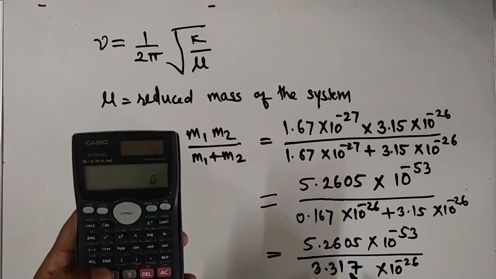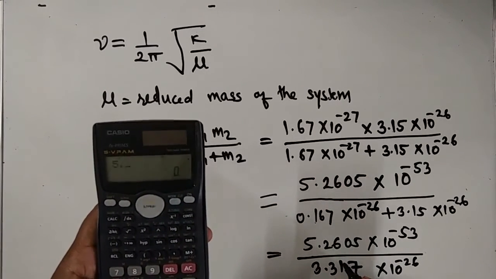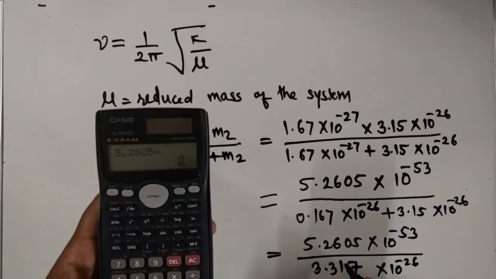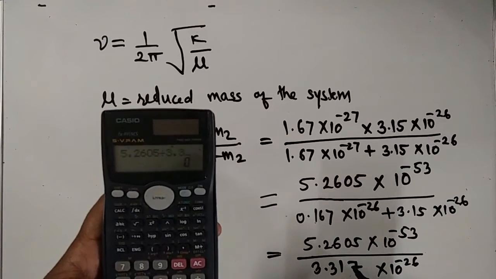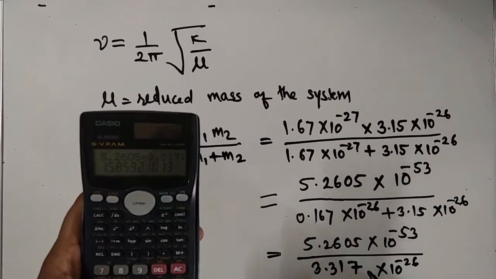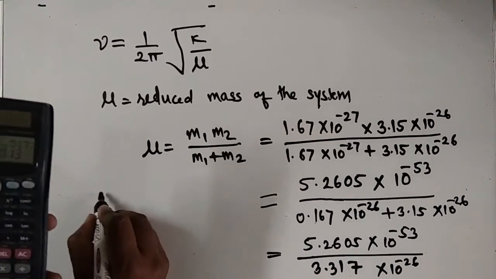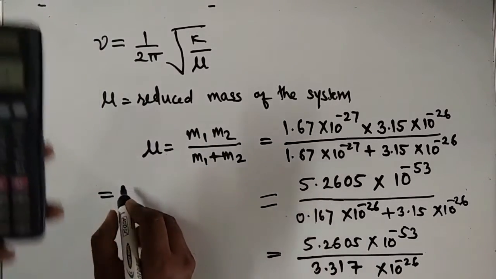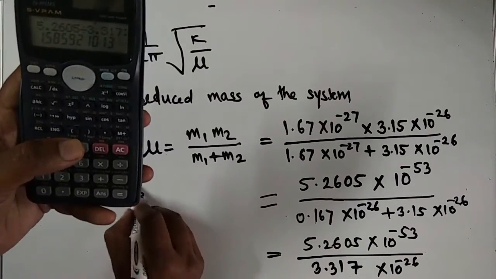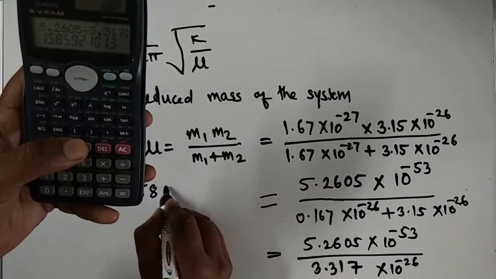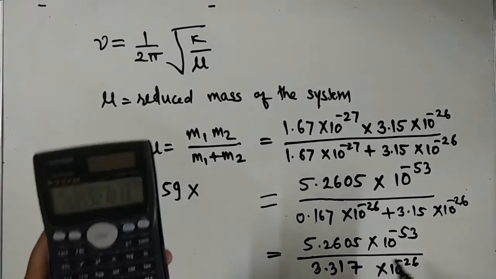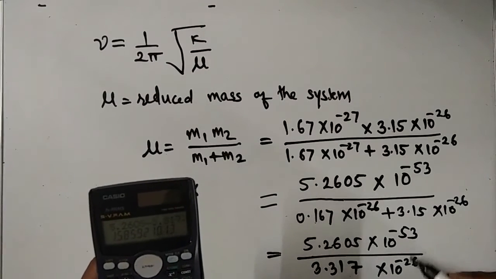I can divide 5.2605 by 3.317, which is equal to 1.5859, into, we have to write the 10 raised to power also.